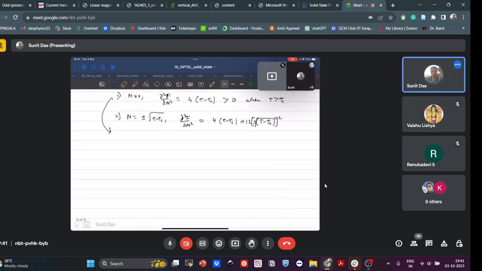Now there are other options as well. When t greater than tc, the second option gives us 4 into t minus tc.